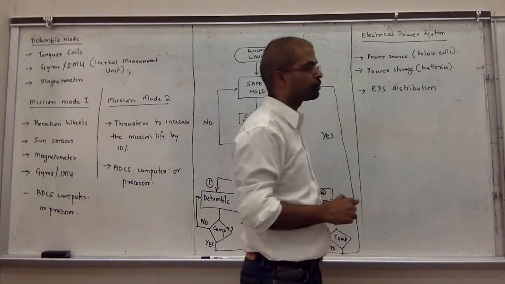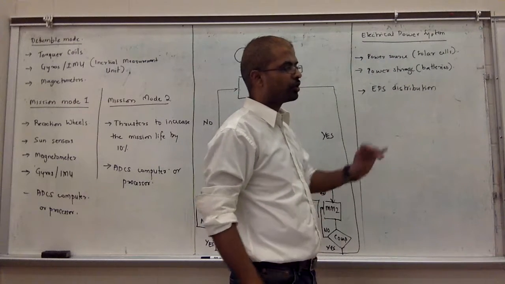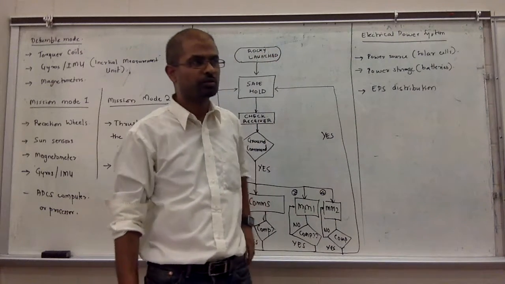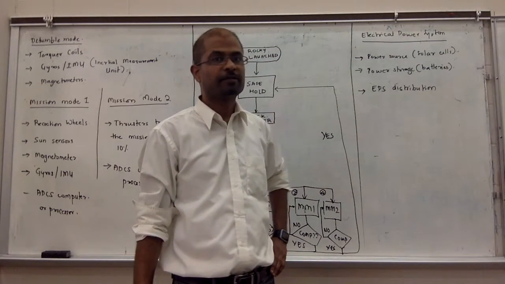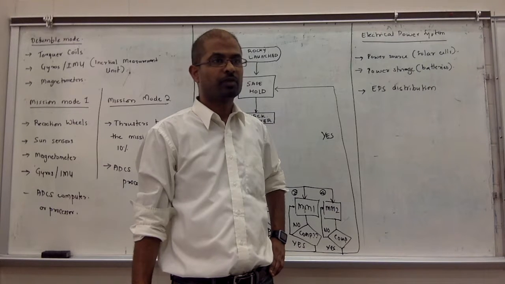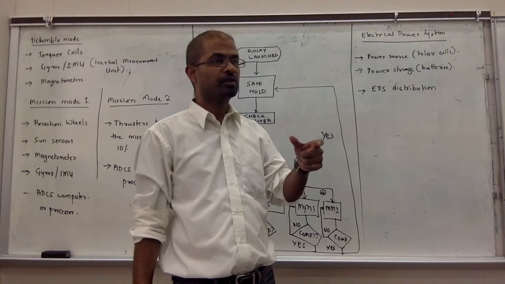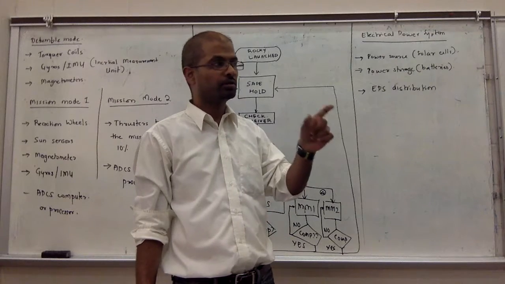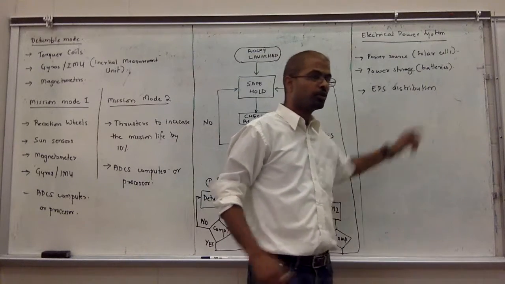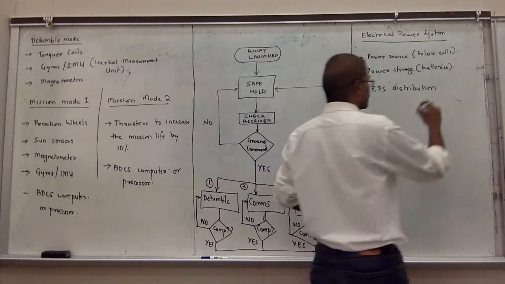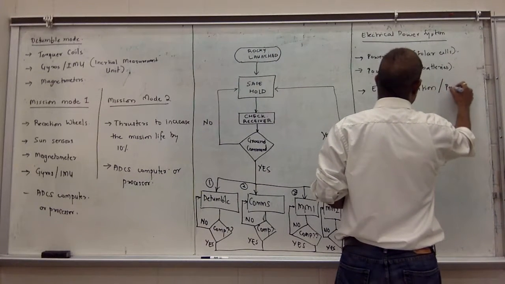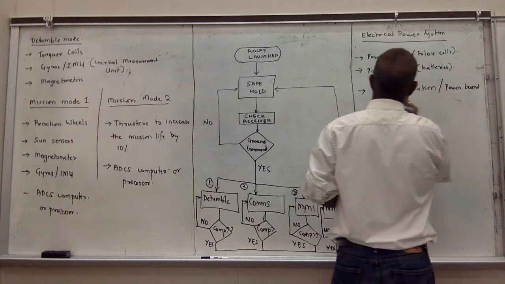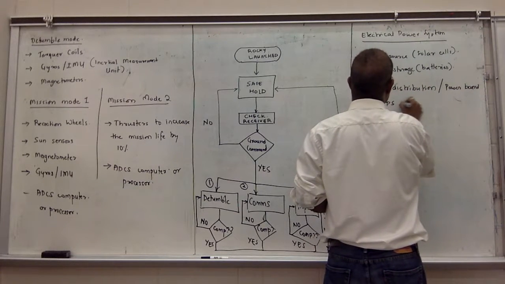You saw how the stack is in the satellite, we disassembled it. Each board is a subsystem in itself. So there is an EPS distribution on a power board. So you choose this power board, which is essentially also the EPS computer.